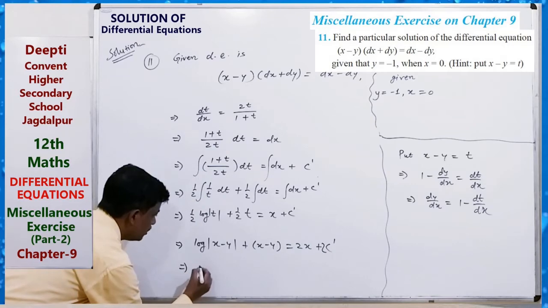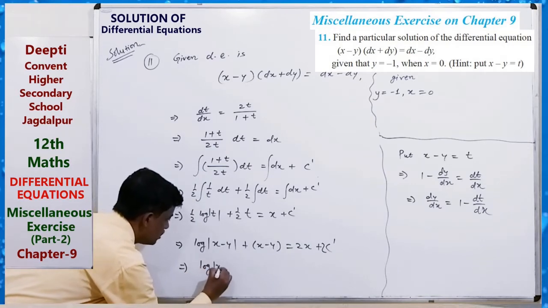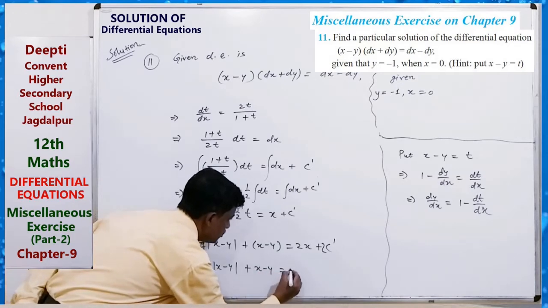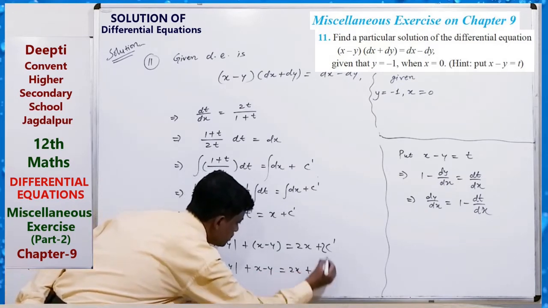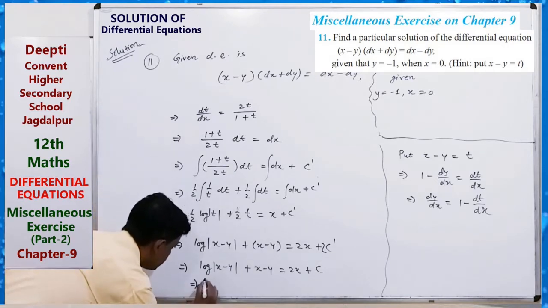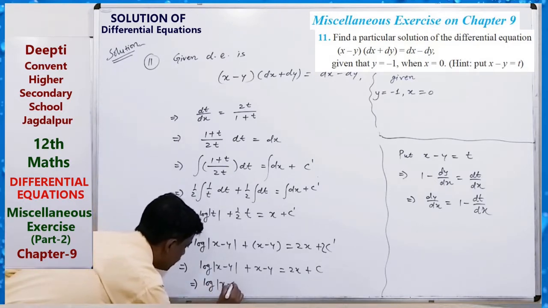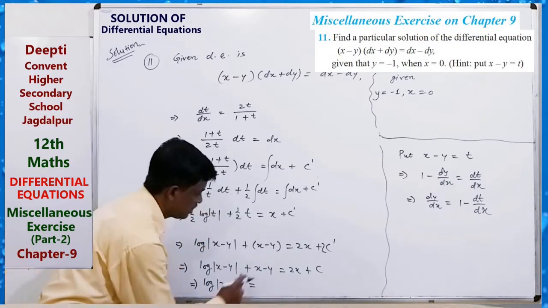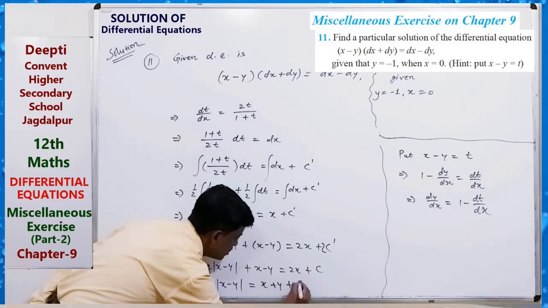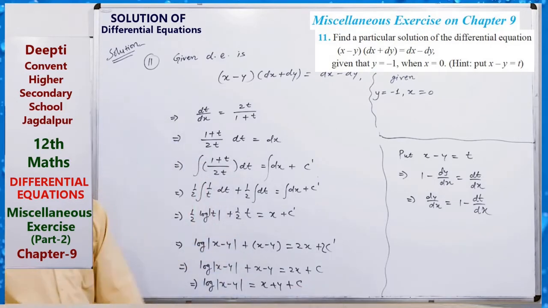We can write like this, log (x minus y) plus x minus y equals to 2x plus c, implies log (x minus y) is equals to x transferred to the right hand side, 2x minus x, x plus y plus c. So this is the general solution.